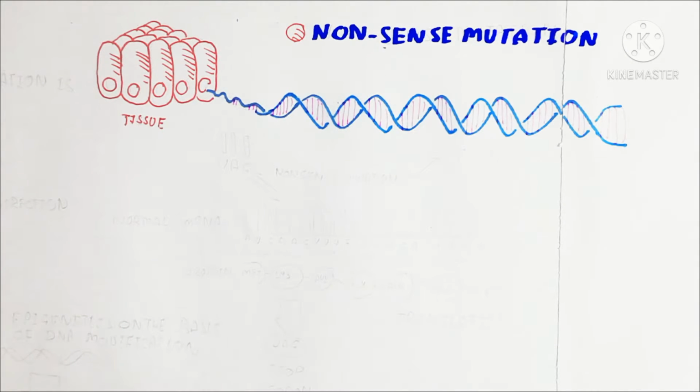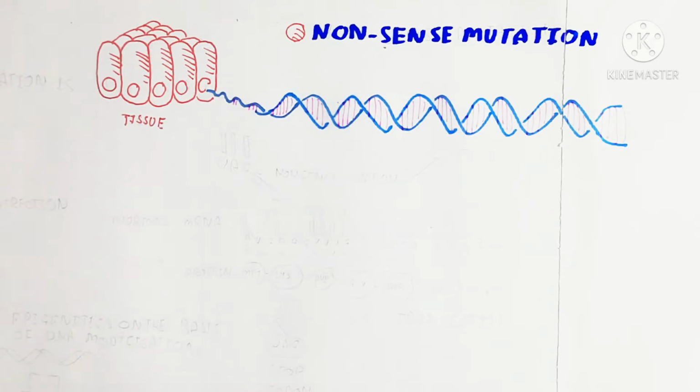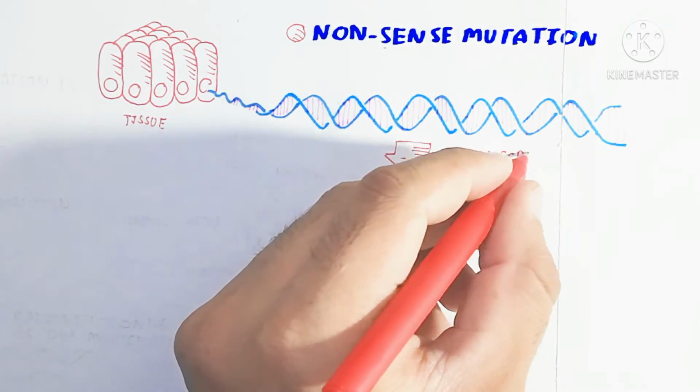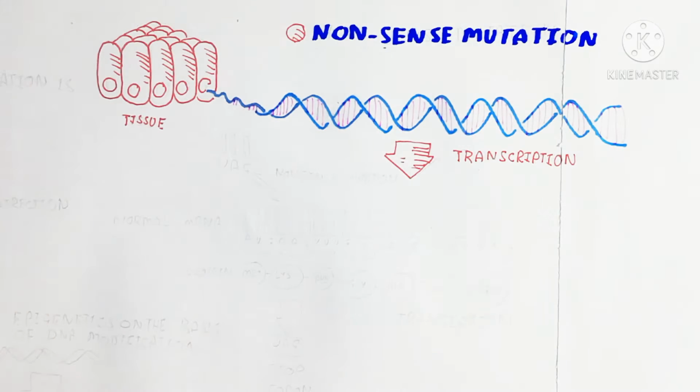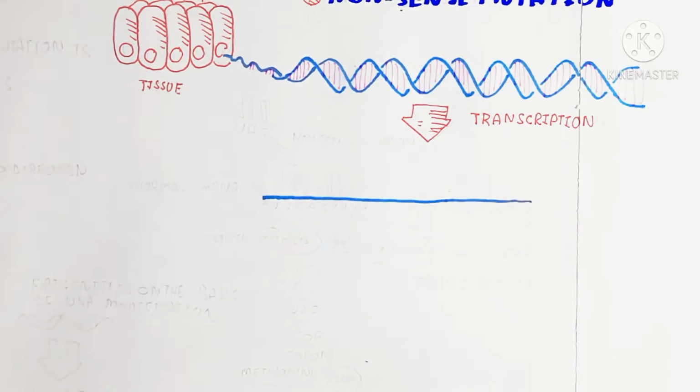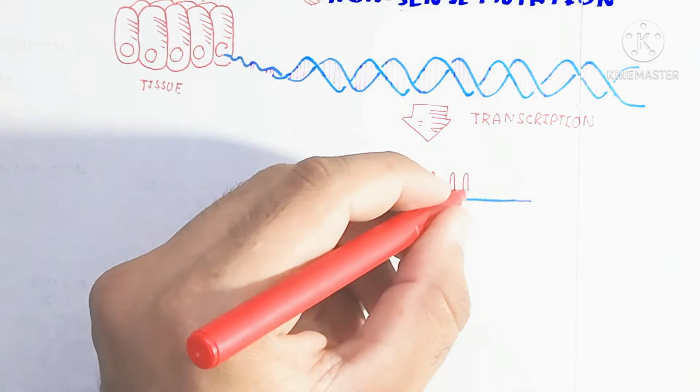For example, here is the tissue which contains DNA in the nucleus, which during the transcription produces the messenger RNA. After the splicing, the intron will be excised while the exon is left behind, and that produces the 5' cap and poly A tail.